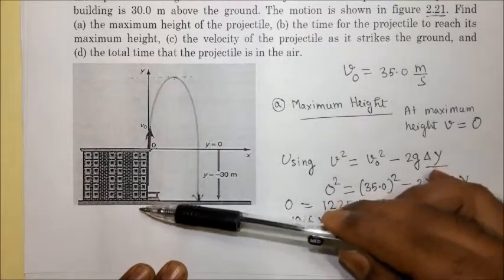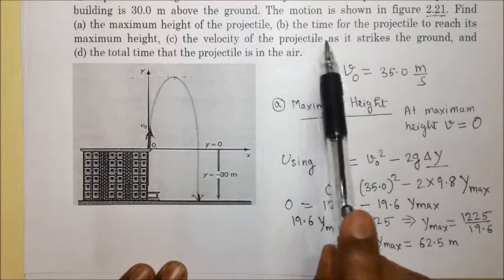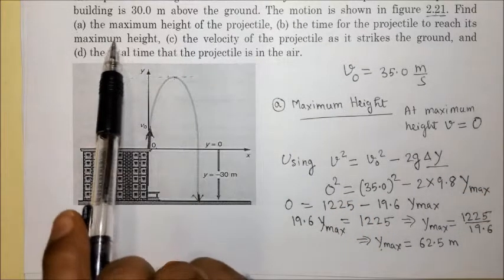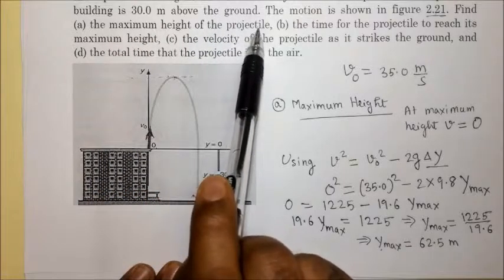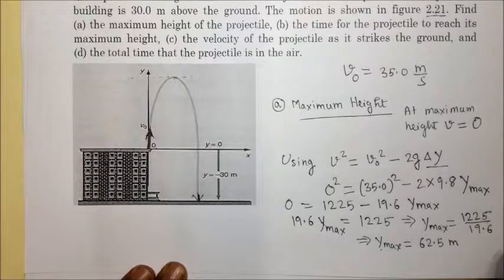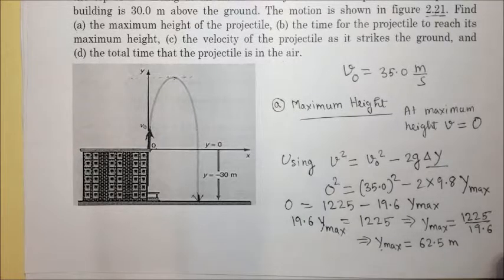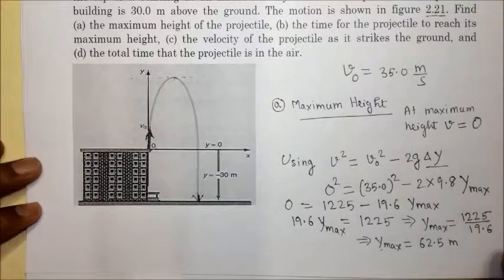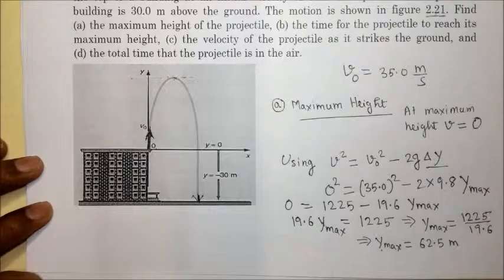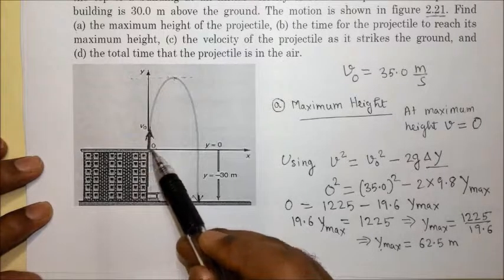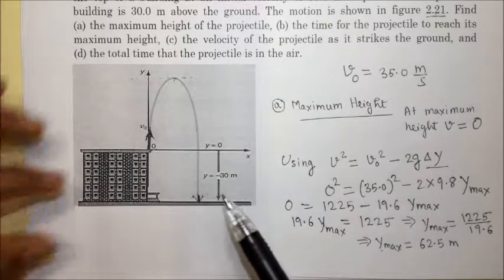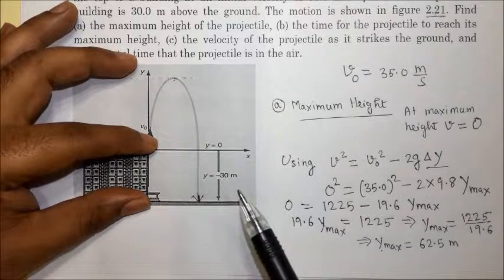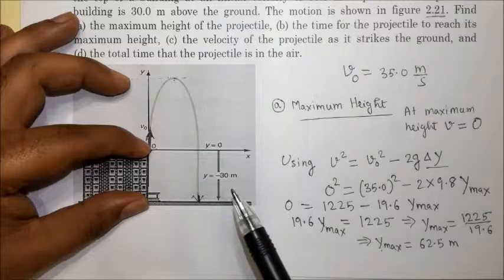How about the height from the ground? If the same question says to find the maximum height of the projectile from the ground, what do we need to do? From here it is 62.5 meters. So from here how much will it be? You need to add 30 meter more, because the height of the building is 30 meter.